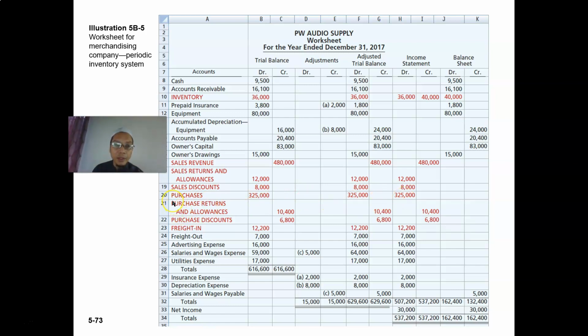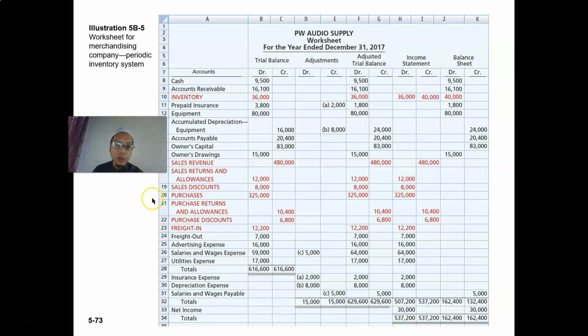Under the perpetual system, you will not have purchase returns and allowance and purchase discounts in the worksheet, because these accounts are not used in the perpetual system, whereas the perpetual system updates the inventory using the inventory account and cost of goods sold.